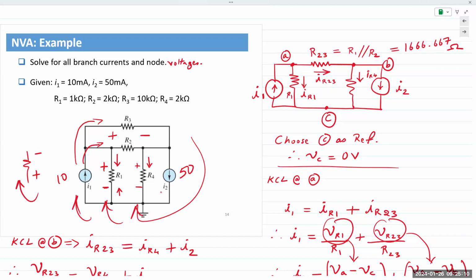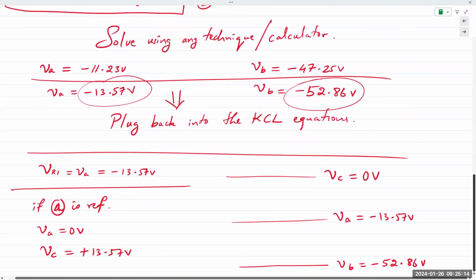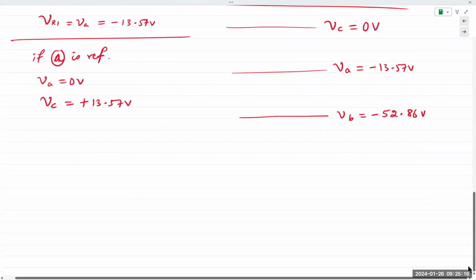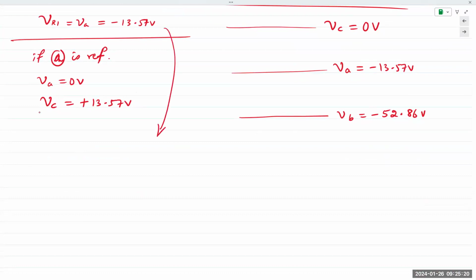All right, good discussion. So once you have VR1, you can apply Ohm's law. Again, as I said, typically I don't solve these, but since we're already here, I can write IR1 is simply VR1 divided by R1 from Ohm's law.